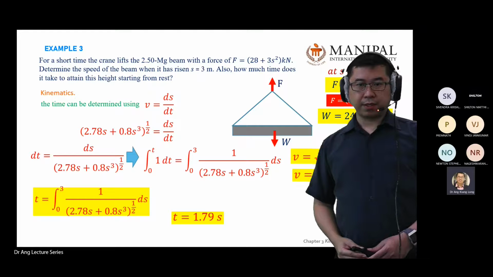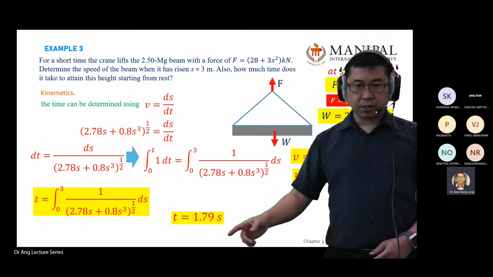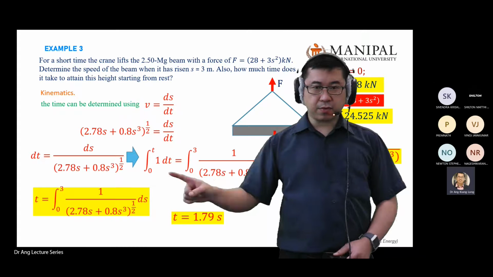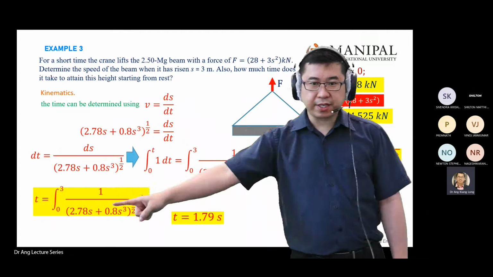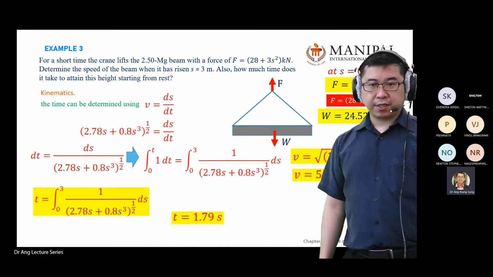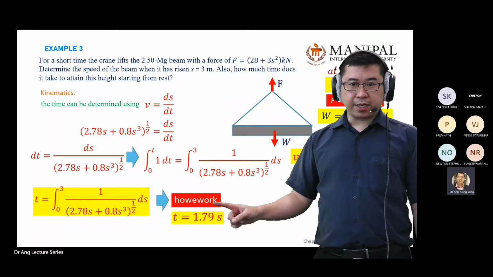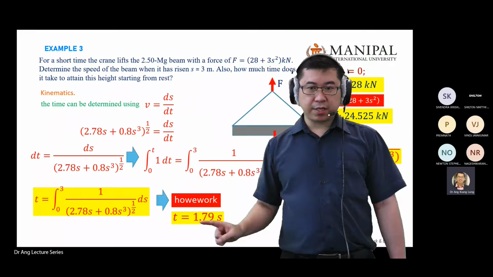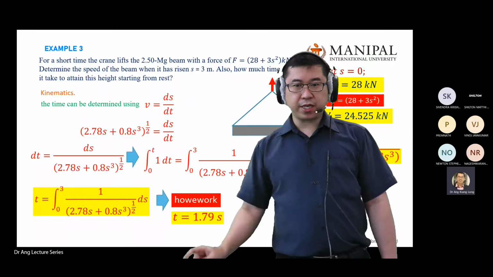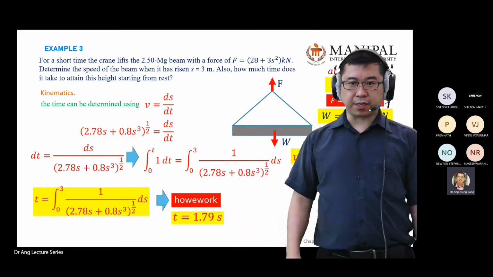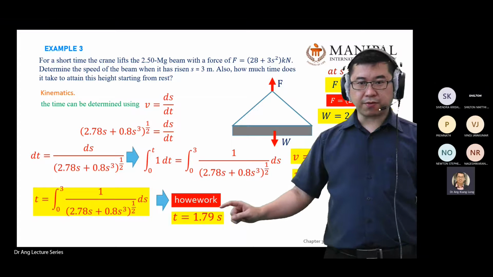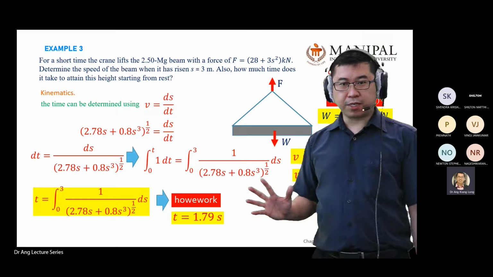So this is the equation. When you integrate, on the left hand side you get t, on the right hand side you get the integration equation. Homework: do the integration, substitute the 3 inside the integration, and get t equal to 1.79 seconds for this example number 3.